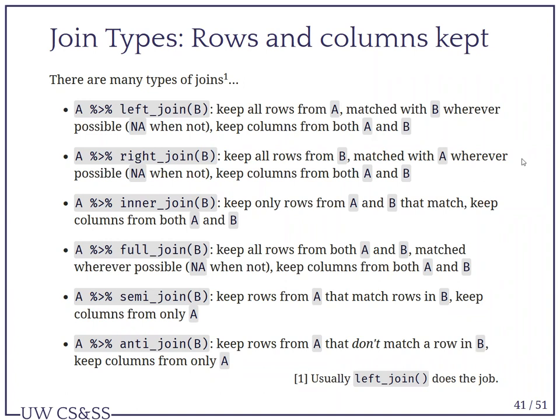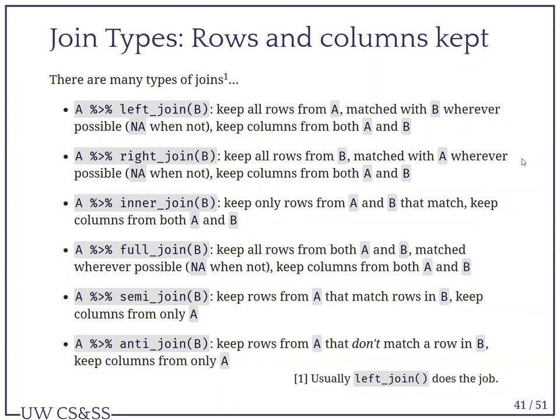Inner join keeps only rows from A and B that match and keeps columns from both A and B. Okay, so an inner join is not going to provide you NAs where things do not match. It will just drop rows. Often an inner join will get rid of rows, whereas with a left join, you'll probably keep the same number of rows, but get more NAs in some columns.